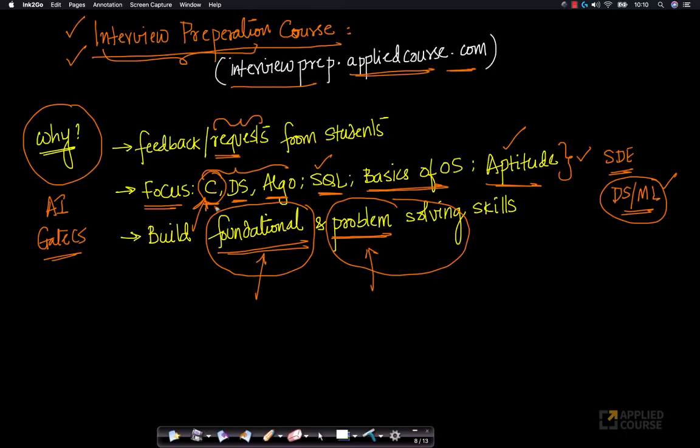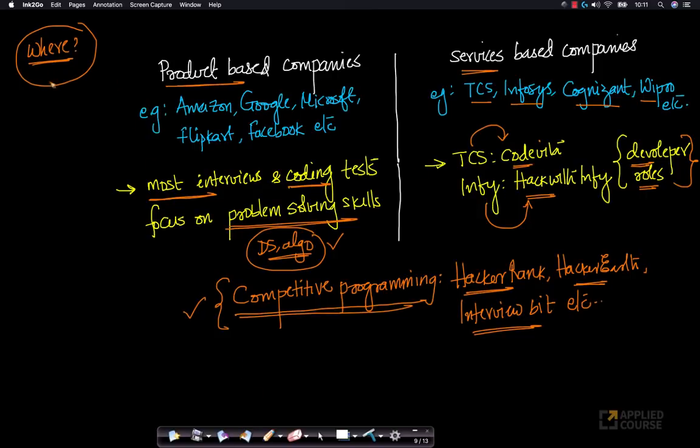So they would focus on knowledge of a programming language, data structures, algorithms, SQL, maybe a bit of operating systems and aptitude, right? So all these skills of both foundational knowledge and problem solving skills are useful for product-based companies, services-based companies, and also for competitive programming.